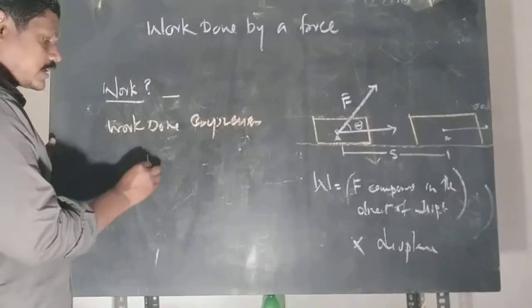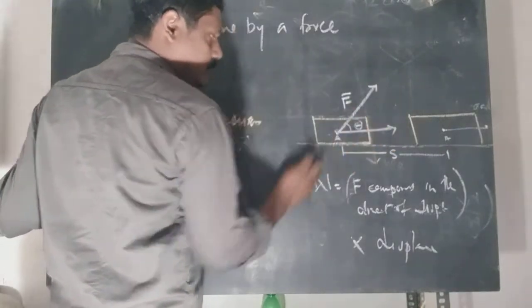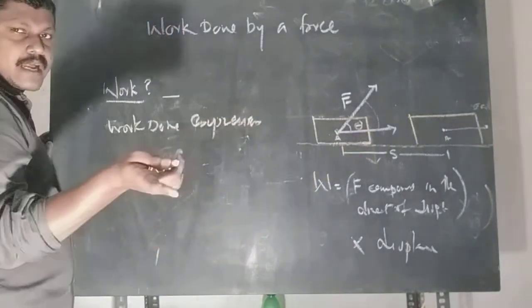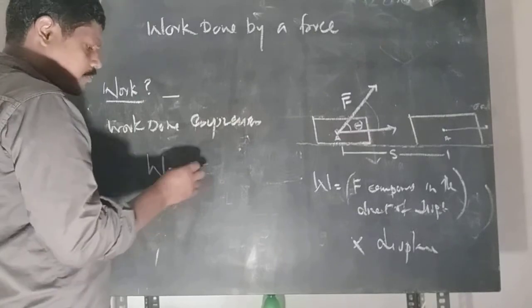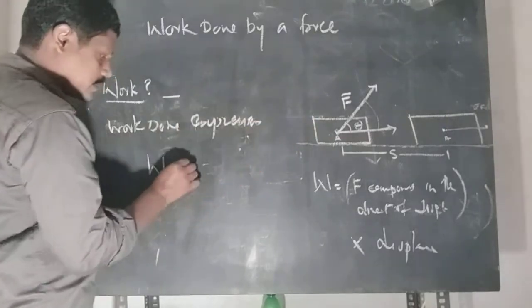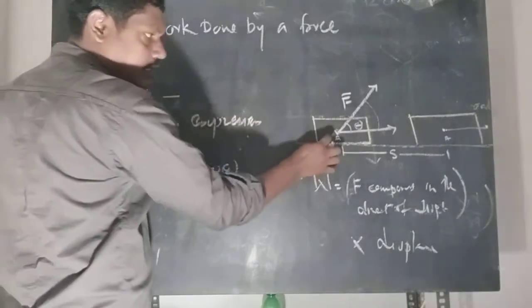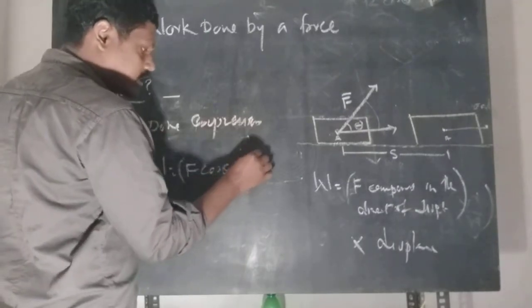So here, what is the component of this force in the direction of displacement? F and theta have an adjacent relation, that means cosine component. So we can write the component of force in the direction of displacement is F cos theta. The component of force vector along the direction of displacement is F cos theta into the displacement S.